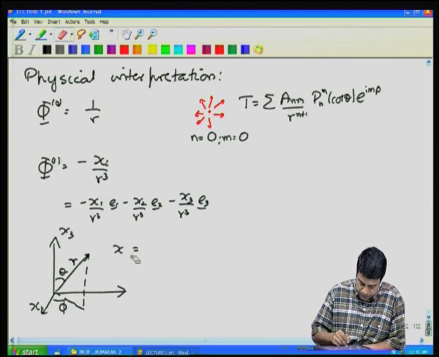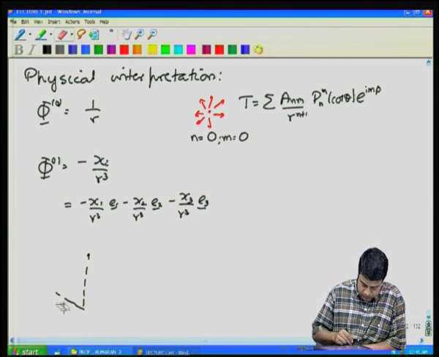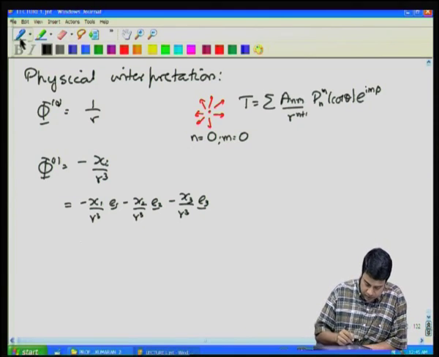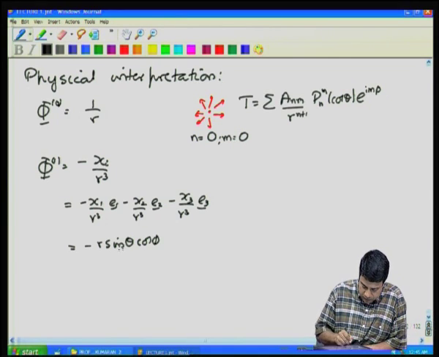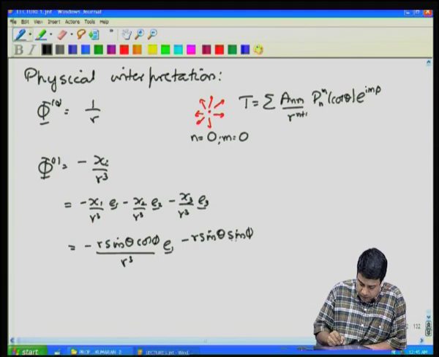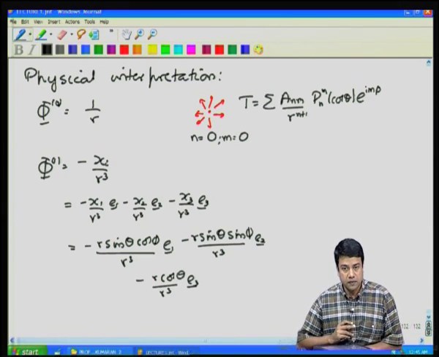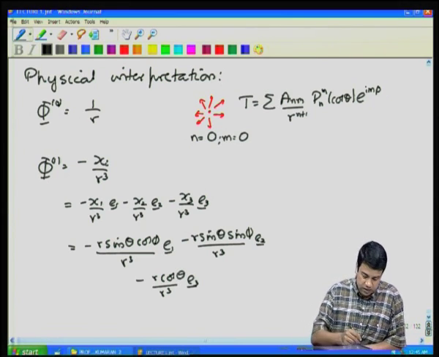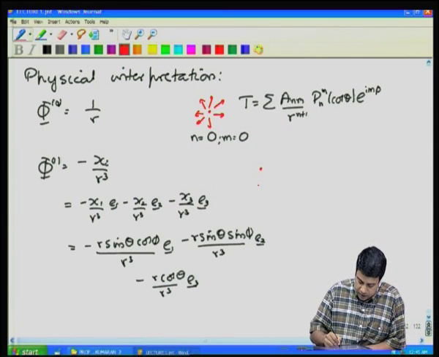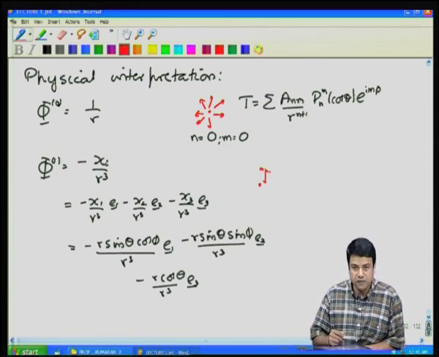So, using this we get these three solutions for this vector: minus r sin theta cos phi by r cubed e_1, minus r sin theta sin phi by r cubed e_2, minus r cos theta by r cubed e_3. If you recall, these are the exact same solutions that we got for a source and a sink separated by a small distance in the spherical coordinate system.